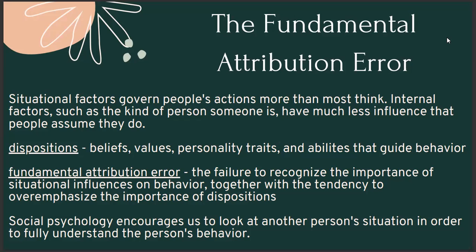So we overemphasize dispositions, these beliefs, these values, these personality traits, these abilities, and underemphasize situational influences whenever we look at someone's behavior. So social psychology encourages us to look at another person's situation in order to fully understand that person's behavior.